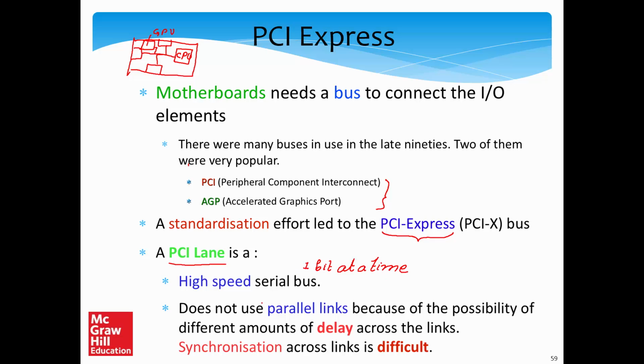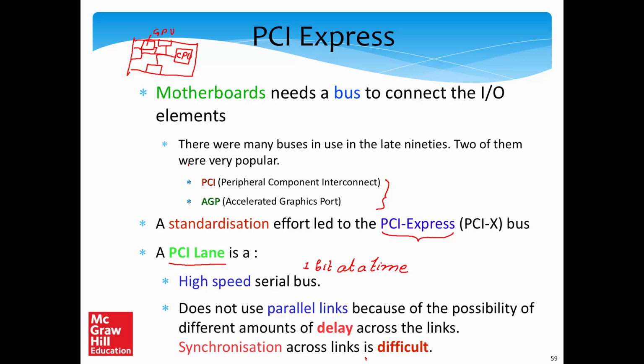So a lane per se does not use parallel links, mainly because it's a very, very high frequency bus, so the time between successive bits is very small. So there is a possibility of a variable amount of delay, different amounts of delay across the different links, if we have parallel lanes. So synchronization becomes difficult, but it's not impossible. But in general, inside a single PCI lane, we transmit a single bit at a time.